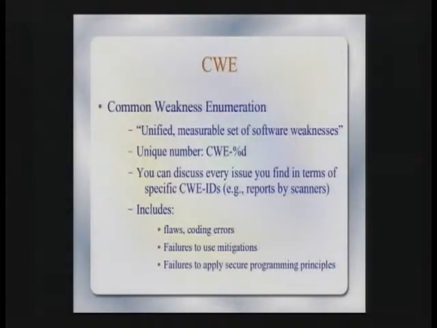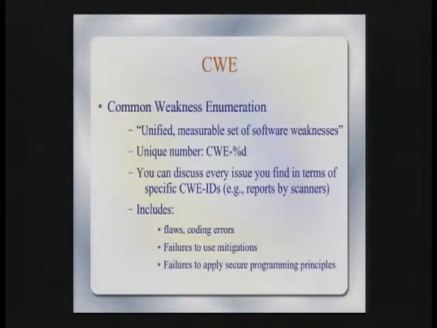All right, so the CWE, or the Common Weakness Enumeration, is a unified, measurable set of software weaknesses. For every weakness, we give it an identifier that has the form CWE dash and a number.